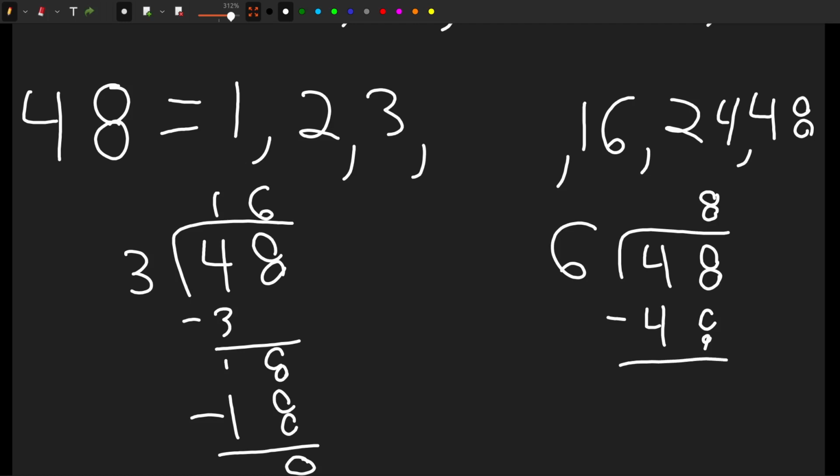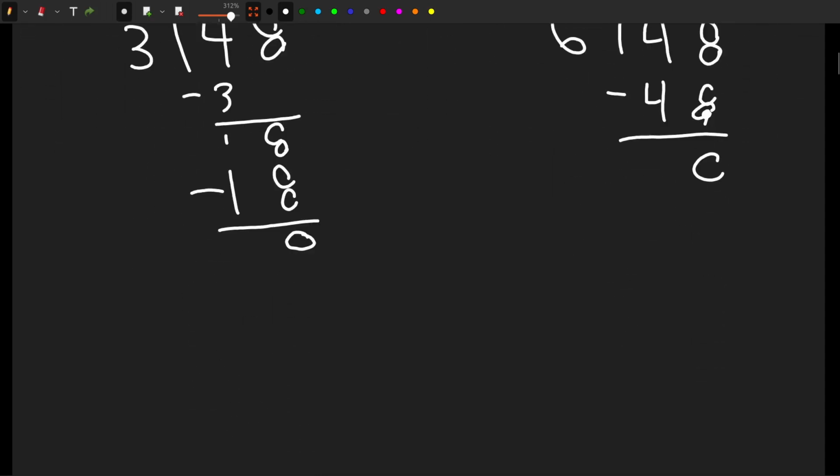And it goes in nicely, and I get 0. And so in this case, I have 6 and 8. Do I have anything else? Well, the only other number we have is 7, and 48 is not divisible by 7. So the factor set for 48 is 1, 2, 3, 6, 8, 16, 24, and 48.